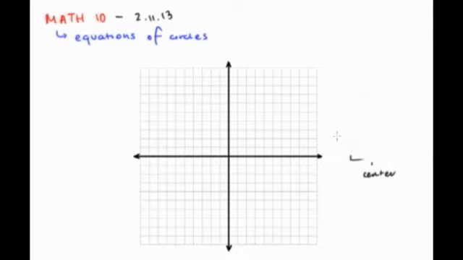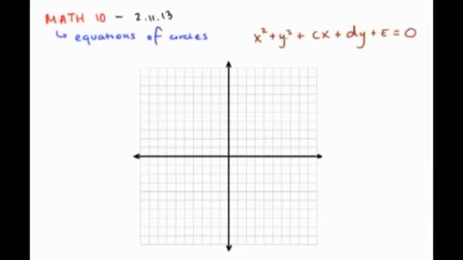This is the radius form of a circle, also called the standard form, but there's also the general form for the circle, and that is commonly written like this: x squared plus y squared plus cx plus dy plus e equals 0.